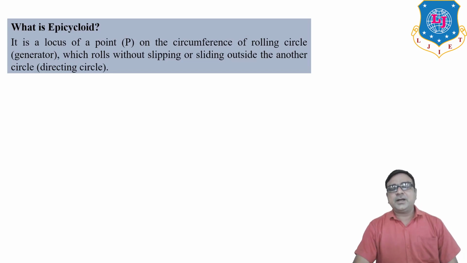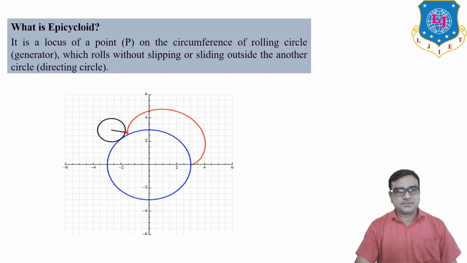Now in a cycloid curve, our circle rolls on a straight path, but in an epicycloid, a circle rolls outside of another circle. So you can see here a small circle rolls on the outside of another circle, then the point on the circumference of the circle traces the curve. That curve is known as the epicycloid curve.